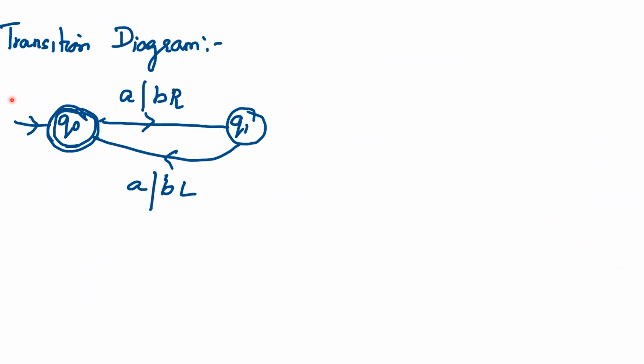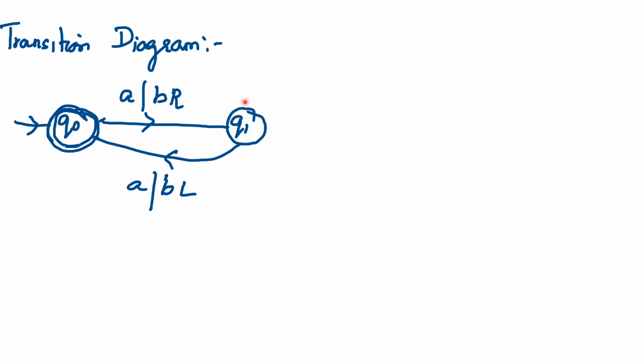Yeah. So this is a way of making a transition diagram for an even number of A's. You see here, whenever you are reading Q0 A, it goes to the next state, the A is replaced by B, and this is the right direction.